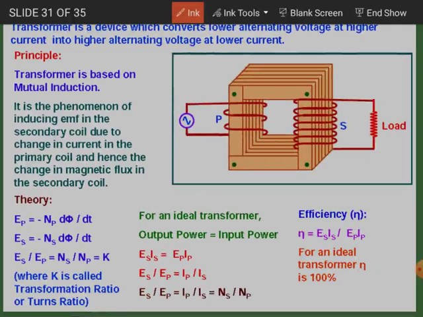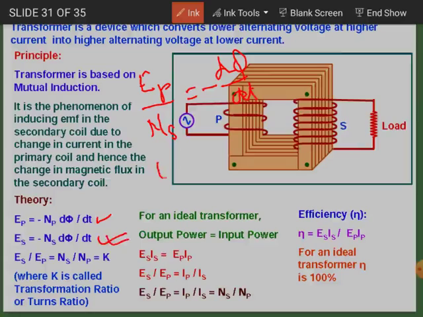Taking this as the first equation, EP divided by NP will be equal to minus d phi by dt.